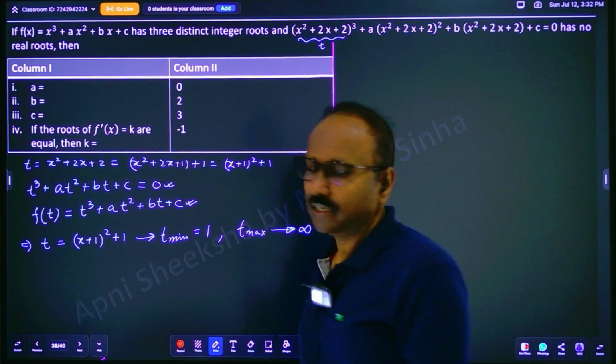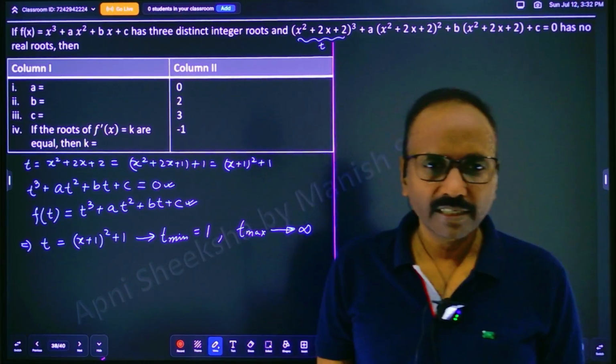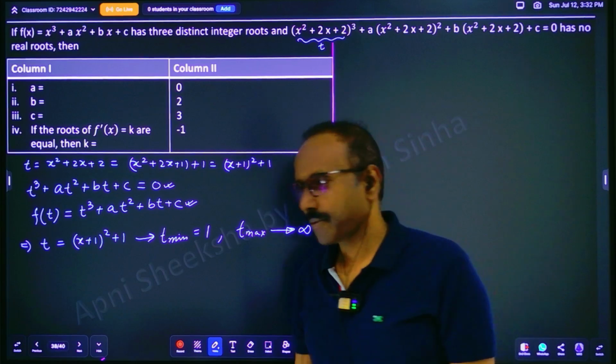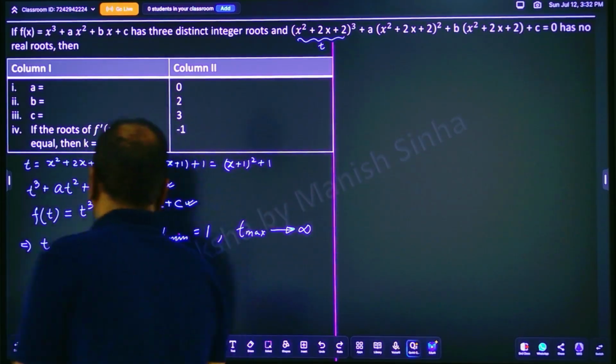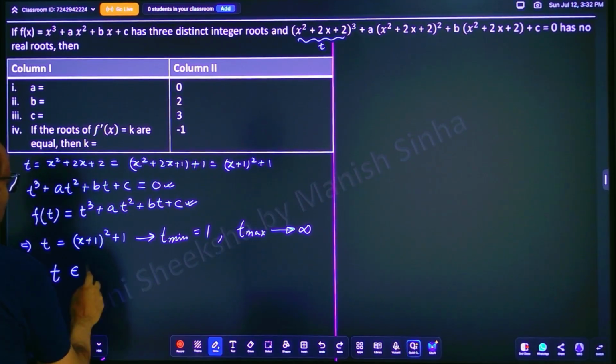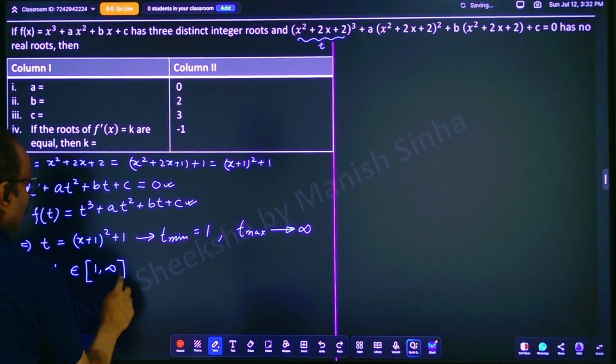We cannot write equal to infinity because infinity is an indefinite number. So the domain of t will be 1 inclusive till infinity exclusive.